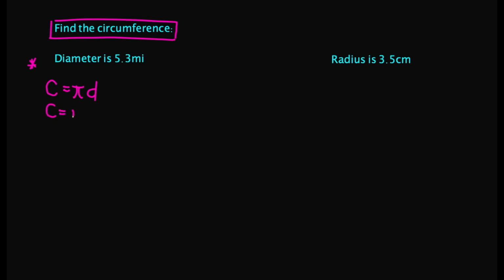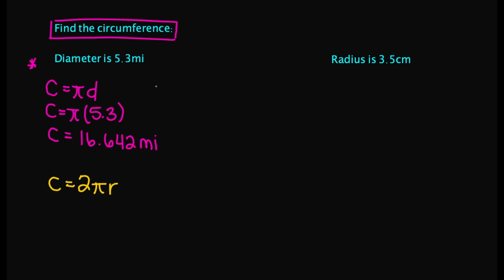So you're going to get pi times 5.3, which is going to give you approximately 16.642 miles.